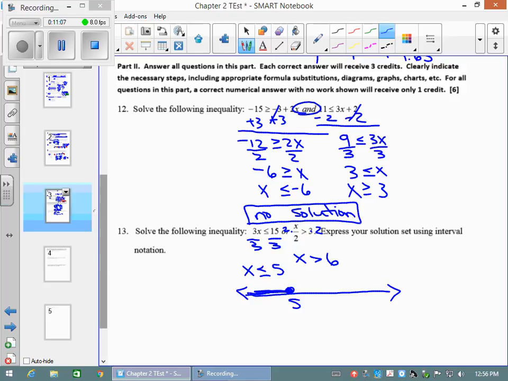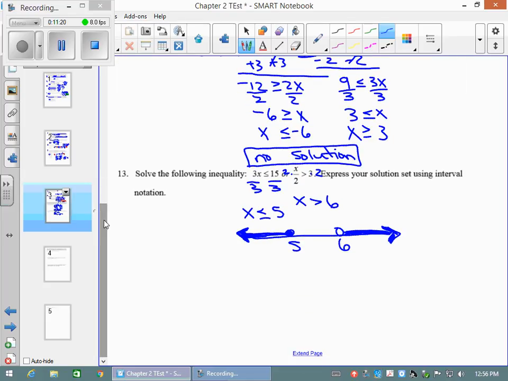Greater than 6 means I'm not including 6, but I am including everything above 6. Now the question asks you to express your answer in interval notation. So looking from left to right, negative infinity to 5, including 5, so using a bracket to represent that, or, which is represented by U in interval notation, we're not including 6, so I'm using a parenthesis to represent that, which is infinity.